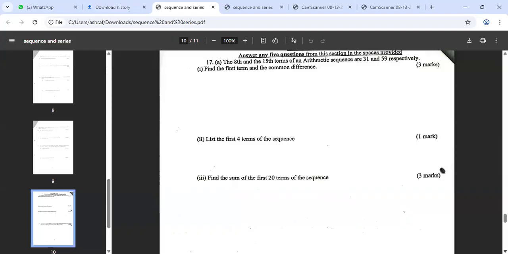Find the first term and the common difference. So just form the 2 simultaneous equations and solve for A and D. Try it out. We only have 2 minutes left, so we can just work it out quickly.